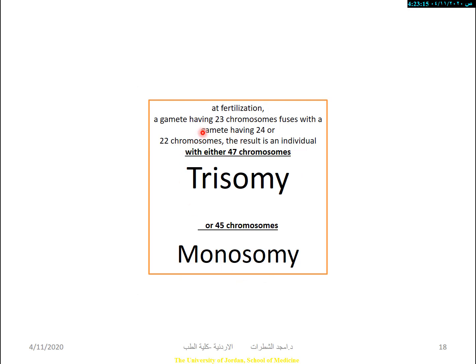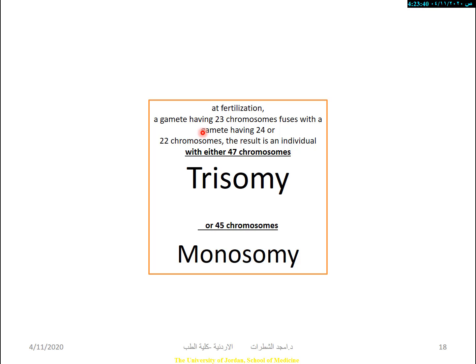Luckily, in males one ejaculation has 200 million sperm, so usually the fit one would reach the oocyte. But it could happen that a sperm with 24 fertilizes an egg with 23, which gives an extra chromosome.